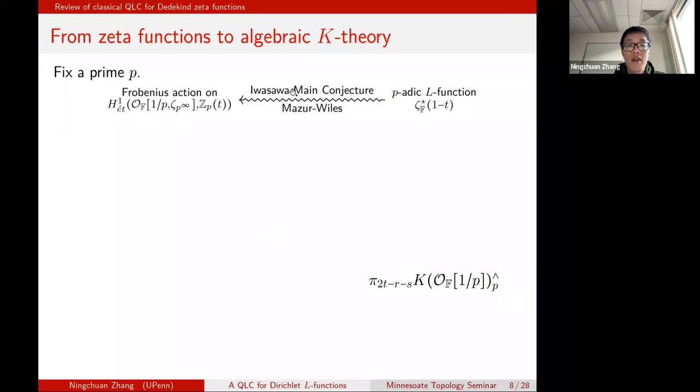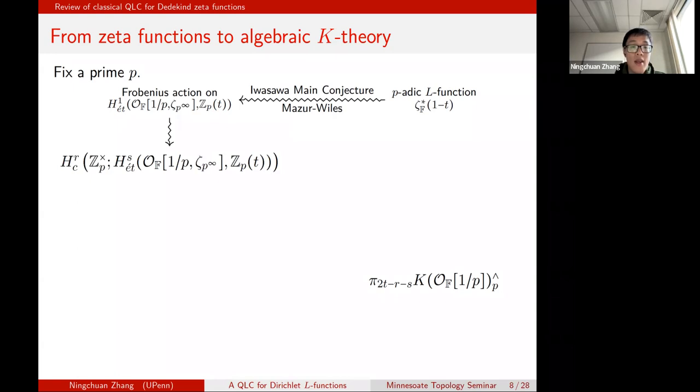And the Iwasawa main conjecture basically says the characteristic polynomial of the Frobenius action on the left-hand side is basically the same as the p-adic L-function. This is a pretty striking fact: on this side we have the Galois action characteristic polynomial, and on the other a p-adic L-function, which is something defined analytically. This Iwasawa main conjecture was proved by Mazur and Wiles.